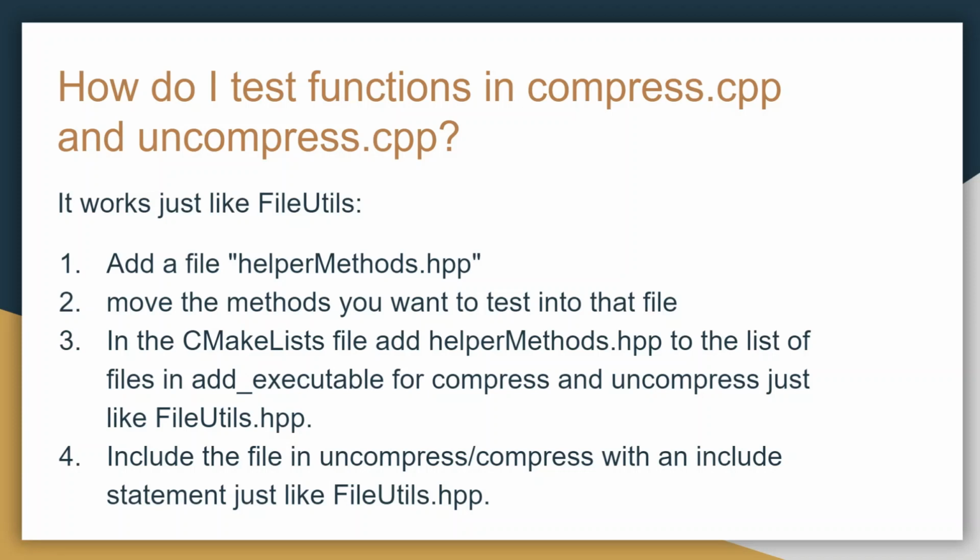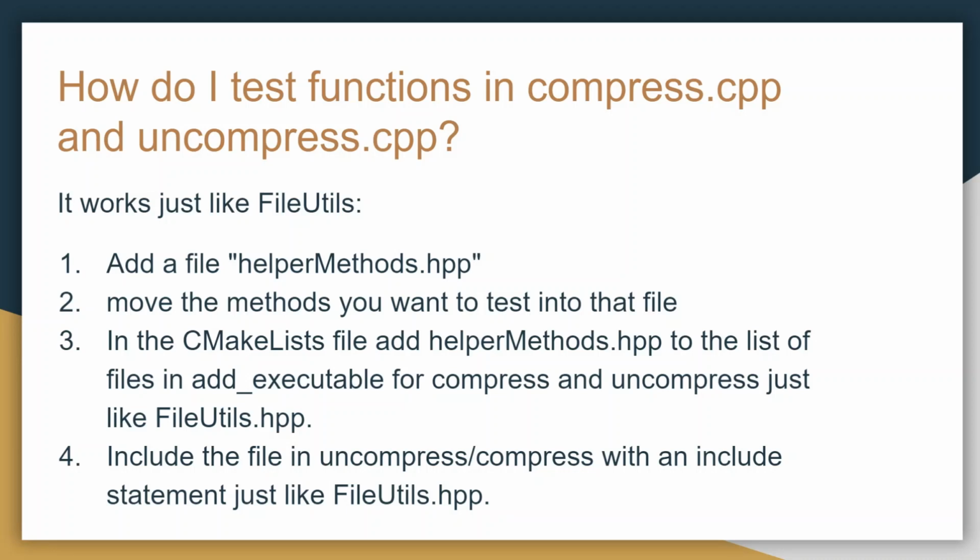So name your file in a smart way. Then move the methods you want to test into that file. And then in the CMakeList file, add helpermethods.hpp to the list of files in add executable for compress and uncompress. And then you can include the file in uncompress and compress with an include statement.